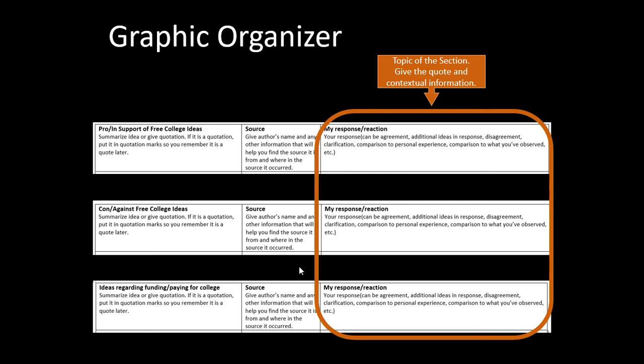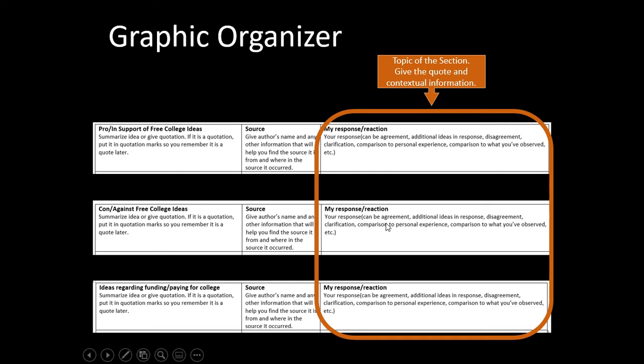And then for this final part, I'm really bad at changing the top part of this. I'm so sorry. This final column is where you are going to be recording your response or reaction to the idea that you put in the first column.